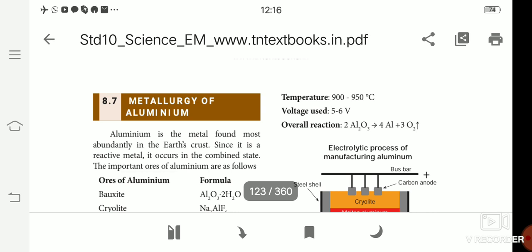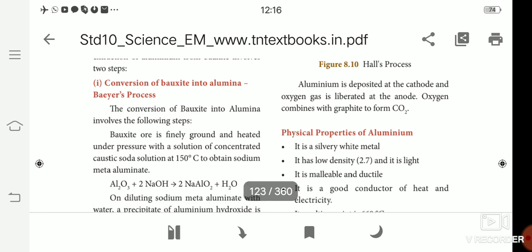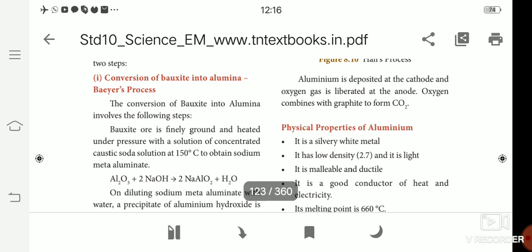The first point is conversion of bauxite into alumina, the Bayer process. This is an important question.